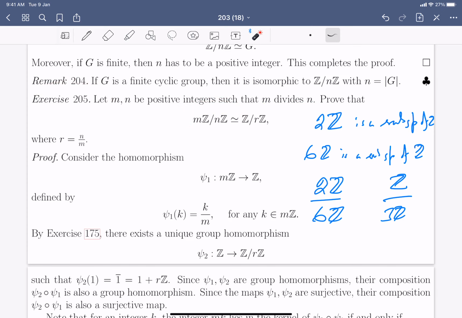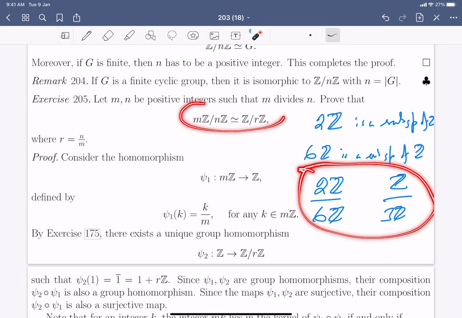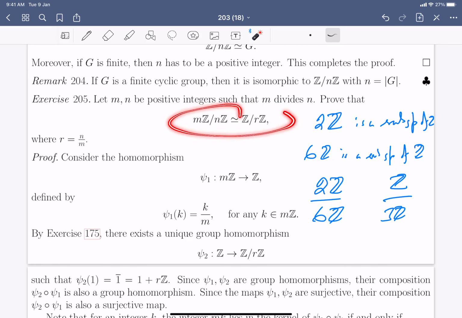This exercise says that this quotient is isomorphic to Z mod rZ, where r is just the ratio n over m. Of course, this isomorphism is not obtained by this high school method of cancelling, certainly not, but one can show that these two groups are indeed isomorphic.